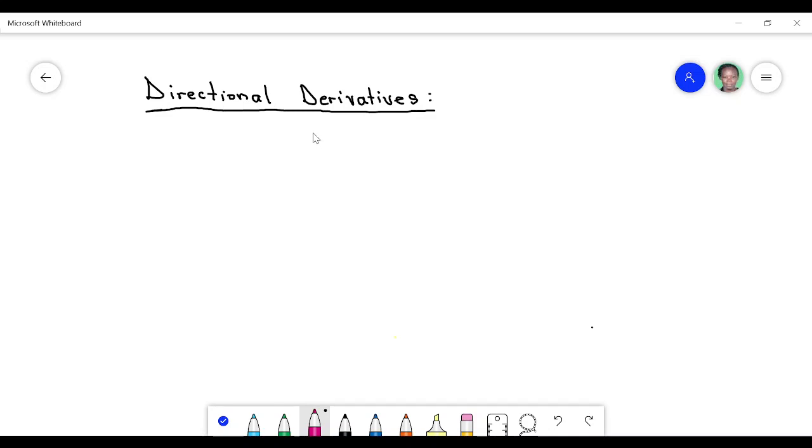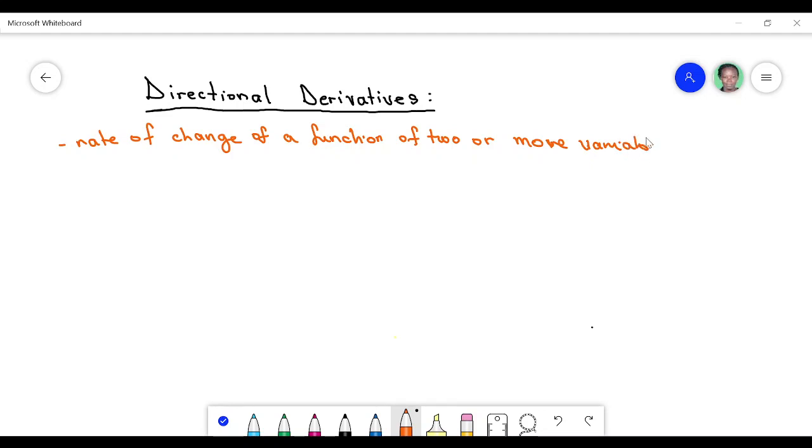These directional derivatives enable us to find the rate of change of a function of two or more variables in any direction. So that's the interesting part added.